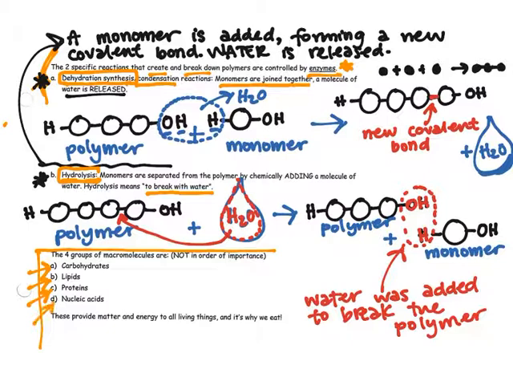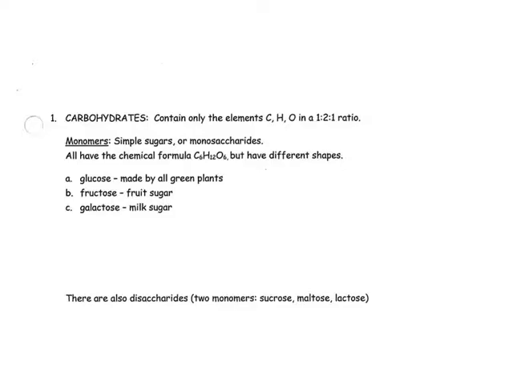And nucleic acids, DNA, RNA, those are made up of nucleotides. And all of these provide the matter and energy to all living things. And we get these from our diet. What we eat contains all these macromolecules, and we use them to build and sustain our bodies. So first, let's dive into carbohydrates on the next section of your notes.